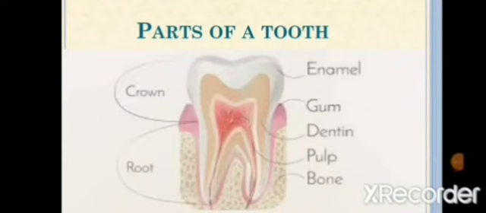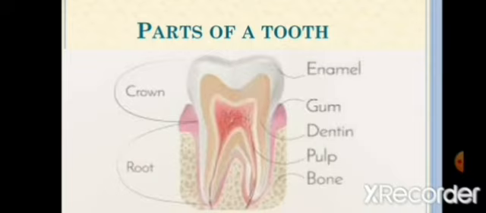Parts of a tooth. A tooth has two parts, crown and root. The part of the teeth which is visible is the crown. The root is the part hidden inside the gum. Gum is the pink fleshy part that holds the tooth.